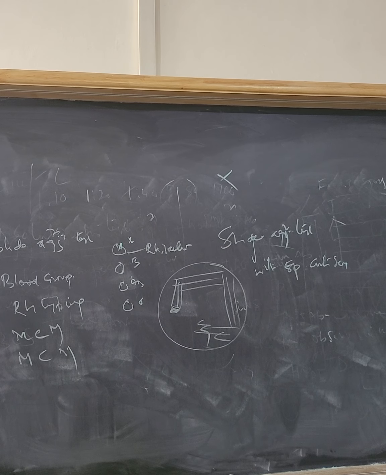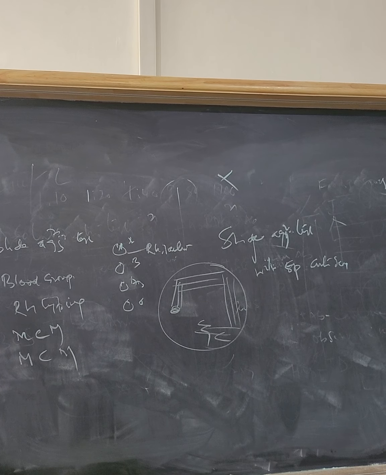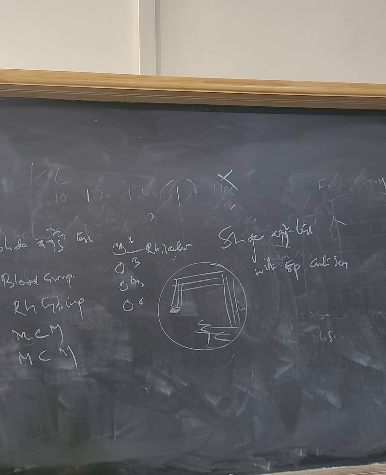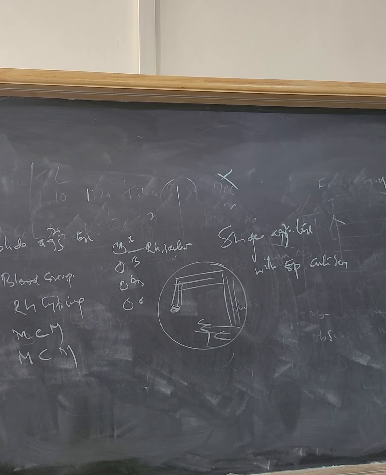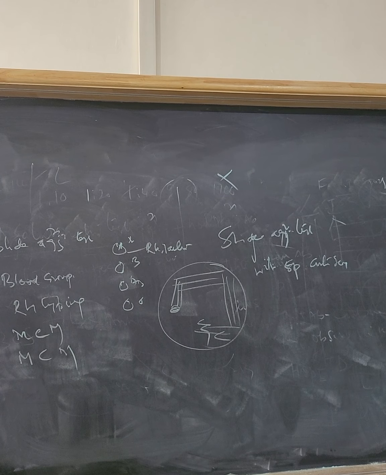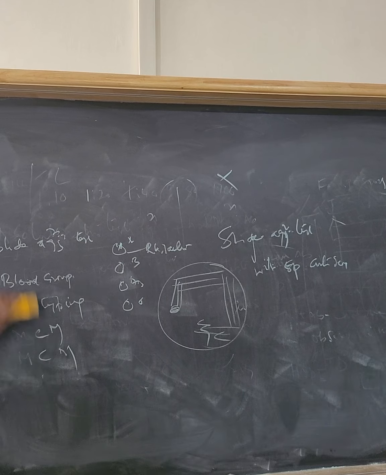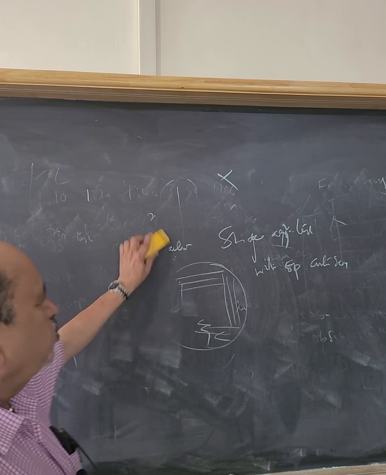So, examples of slide agglutination test are blood grouping, Rh typing, major cross matching, minor cross matching, and identification of isolates in the laboratory by specific antiserum.